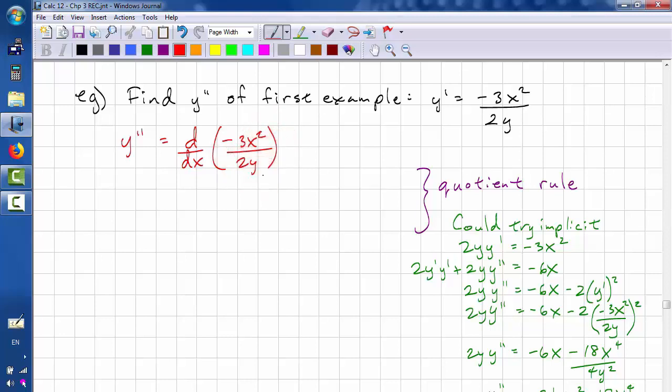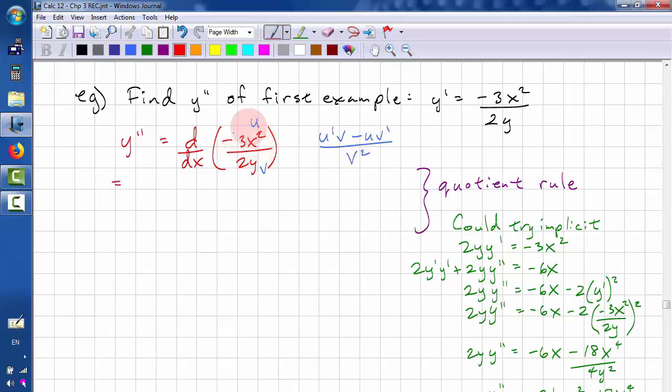Okay, so this is a quotient. We need to use the quotient rule. So this is u, this is v. We need u prime v minus uv prime over v squared. So we need lots of room for this.